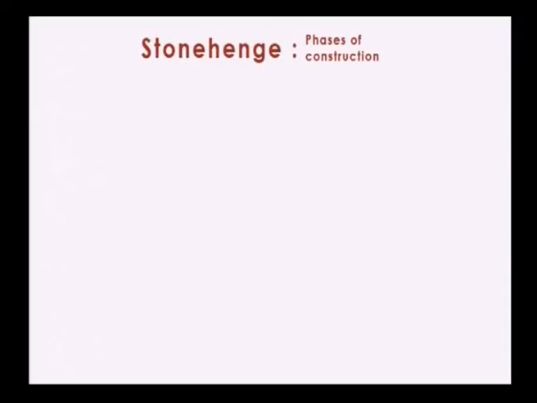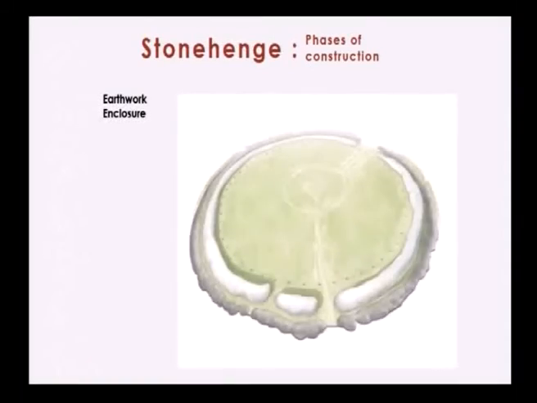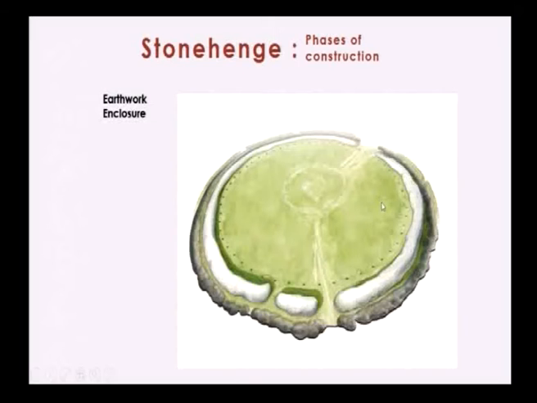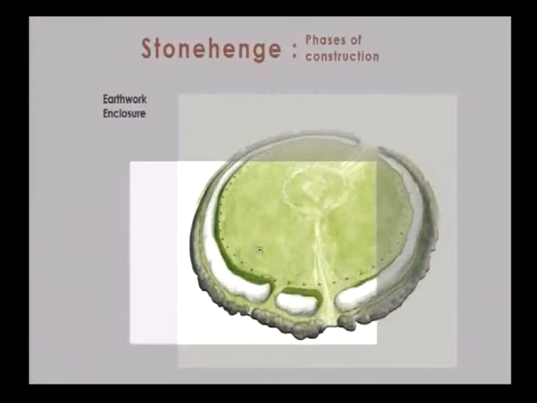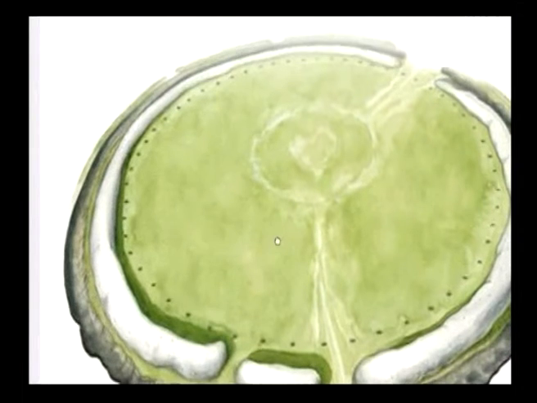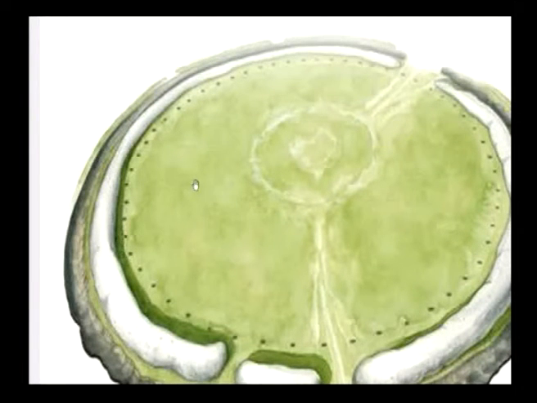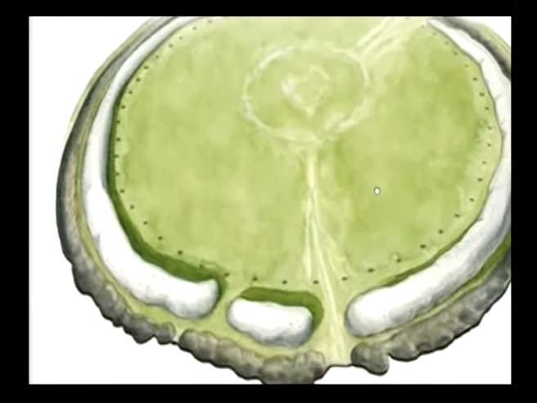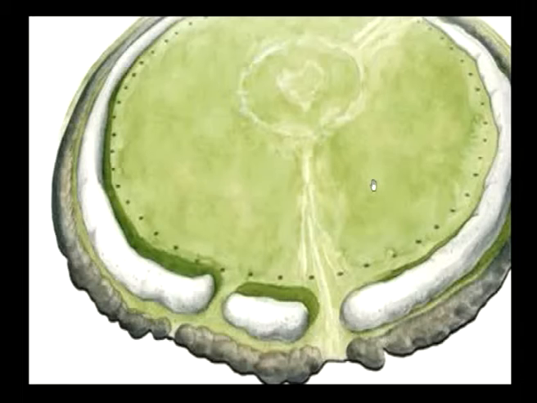Now we will look in detail at the megalith construction, Stonehenge. Stonehenge was constructed in several phases. The phases are as follows. First, there was the earthwork enclosure. As you can see, a circular ditch and bank monument about 375 feet in diameter was cut into the chalk of Salisbury Plain about 3000 BC.